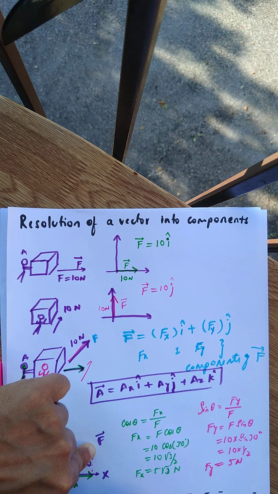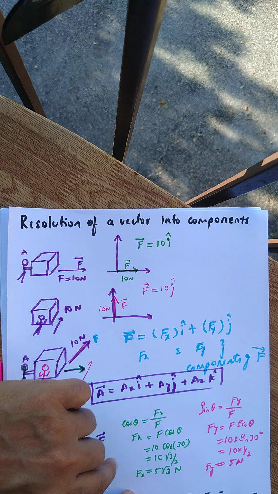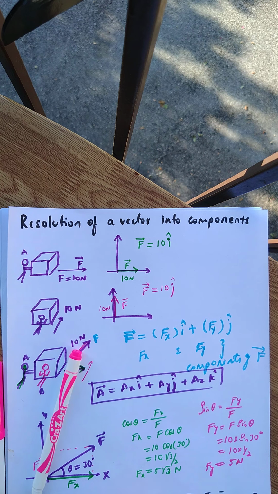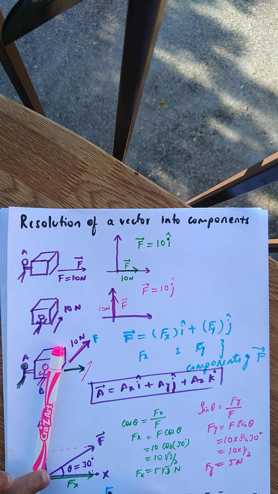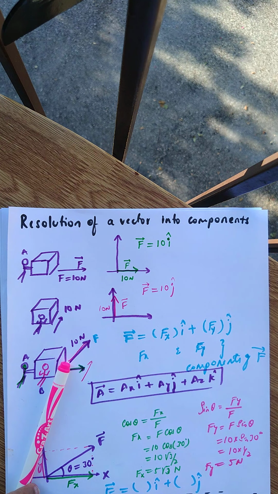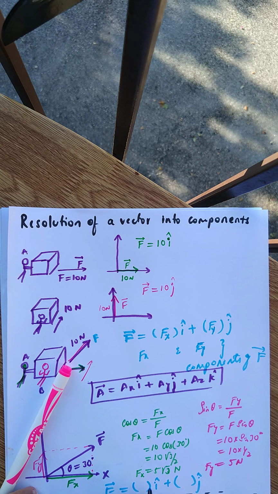Now I can say this 10 Newton force is made up of something into I cap plus something into j cap. What is this something? This something is the x component Fx, and this is the y component Fy.